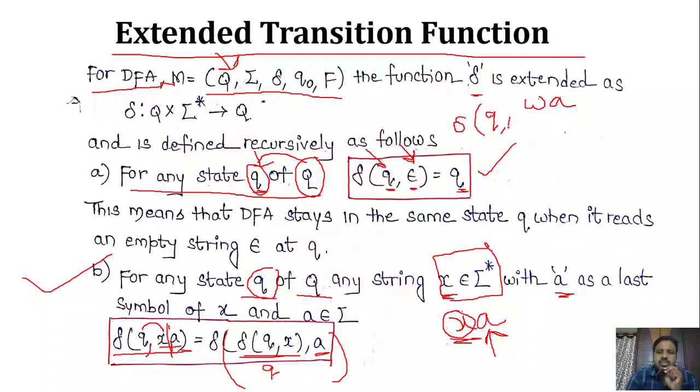And you need to process wa. So the string is q comma wa is equal to, now how do we write? Delta, first you have to take the current state and the first part of the input, right? So delta of q comma w.